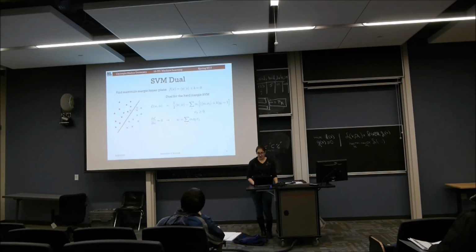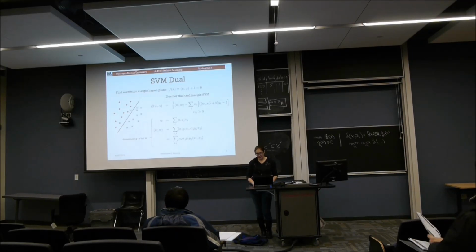Good. Now, the squared norm of w is the dot product of w with itself, so we can compute that and write it as a function of alphas and y's.